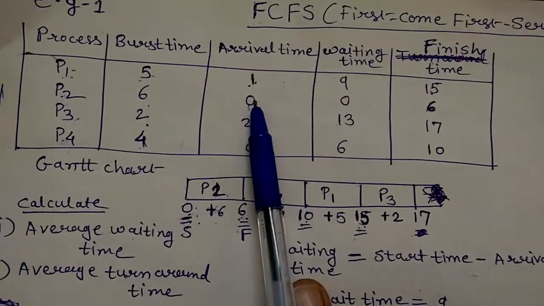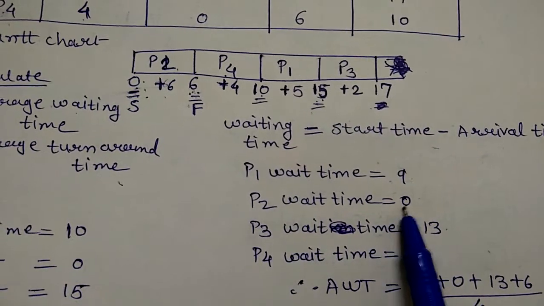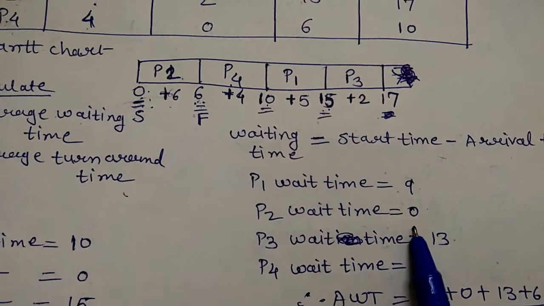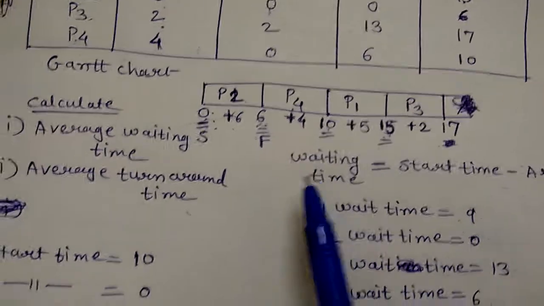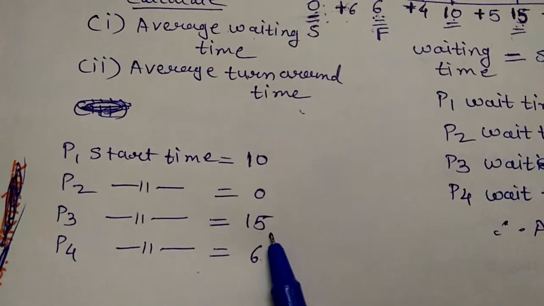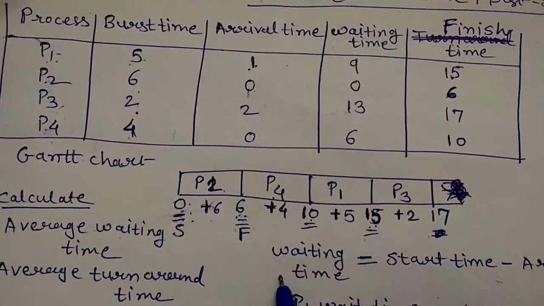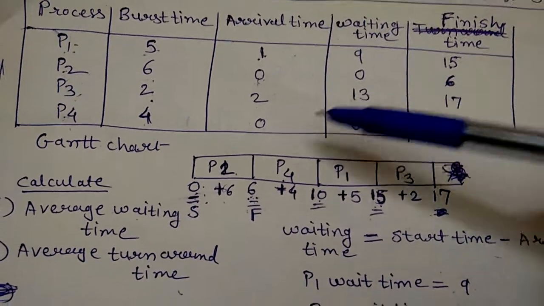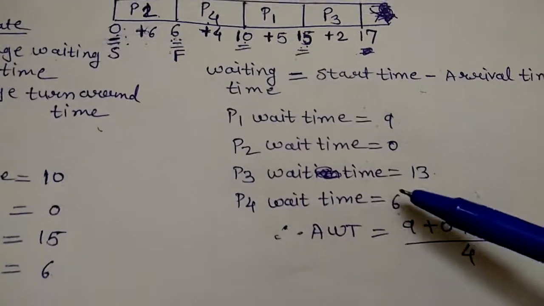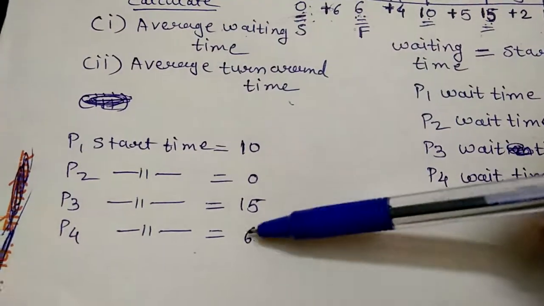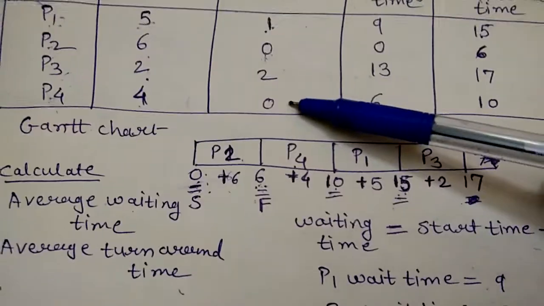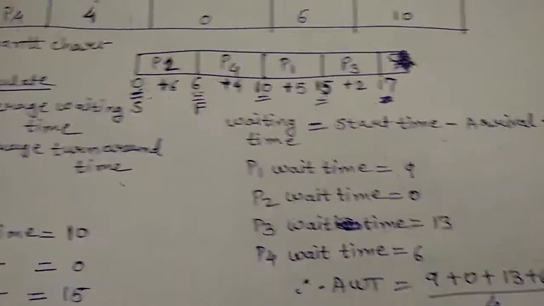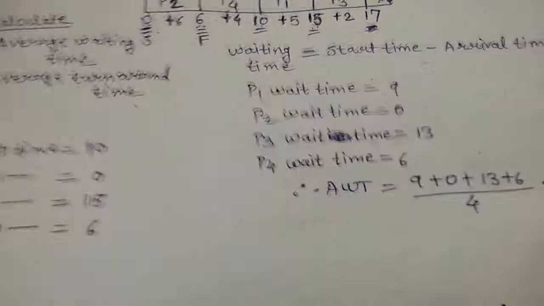Arrival time is also 0. So, waiting time for P2 is 0. P3. The start time of P3 is 15. Arrival time is 2. So 15 minus 2, 13. So start time of P4 is 6. Arrival time is 0. So 6 minus 0, 6.